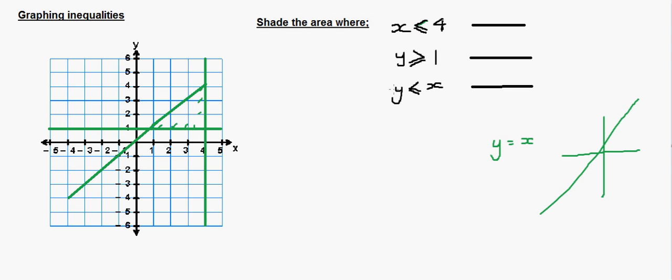So where y is less than or equal to x, so if it's y is less than, it's going to be underneath the line. If it was y is greater than x, it will be above. But here y is less than x.